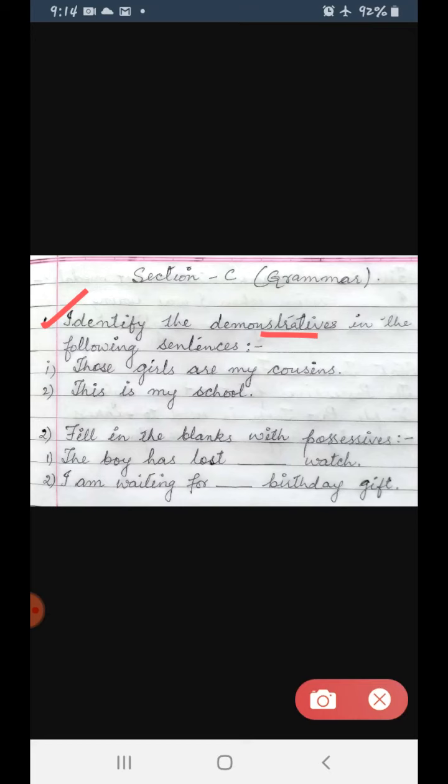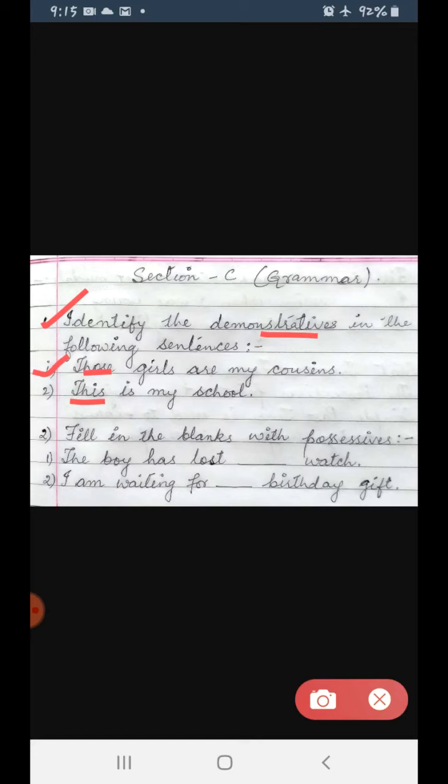Now number 1: Those girls are my cousins. What is the demonstrative here? Those. Number 2: This is my school. What is the demonstrative here? This. Because this and those can be pointed out. We can show them by indicating with the finger.